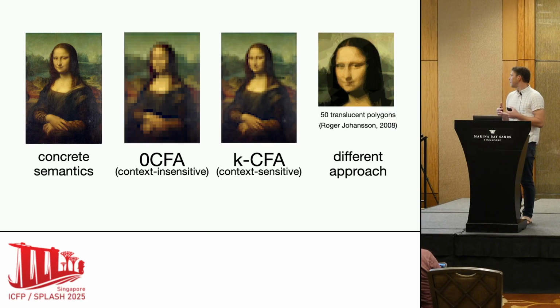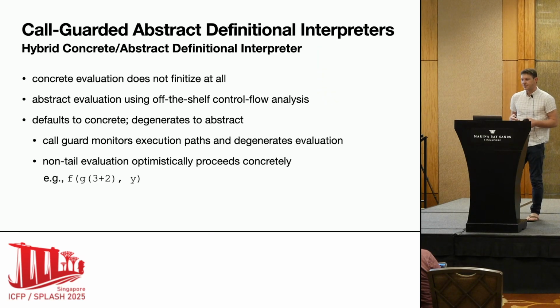And in some sense, it's unavoidable that our analyzer would be sensitive to program structure. It's a theorem that any static analyzer is going to be sensitive to some intentional properties of the program. But the goal is to be more responsive to the program. And this work is a step in that direction.